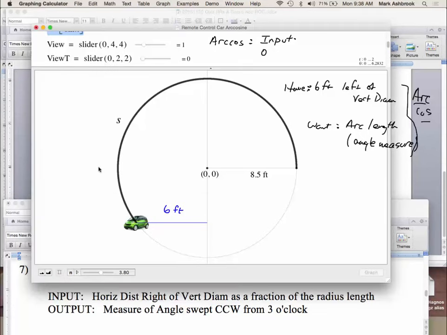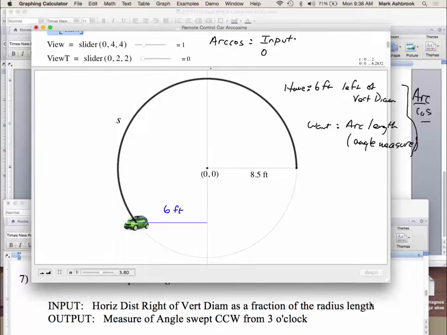Here's the key. Showing you at the bottom of the screen, right? This is our input and output of our cosine.